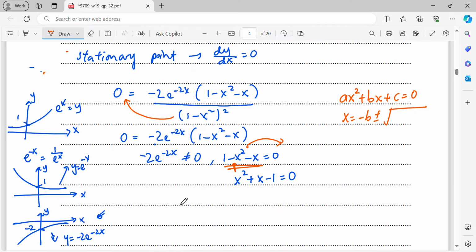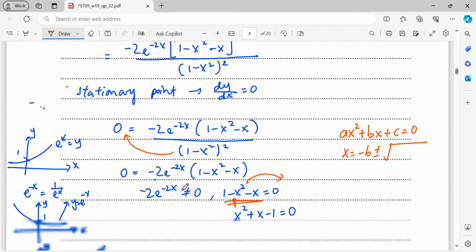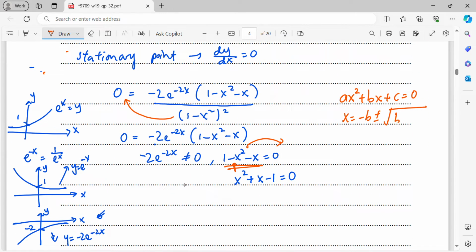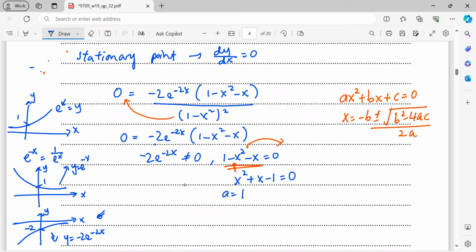Because it's mentioned that x is correct to 3 decimal places, I apply the quadratic formula, x equals minus b plus minus square root of b squared minus 4ac, over 2a. My a is 1, my b is also 1 because of 1x, and my c is minus 1. Then x is minus 1 plus minus square root of 1 squared minus 4 times 1 times minus 1, over 2a.